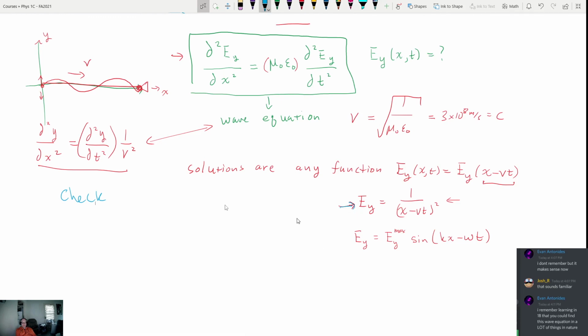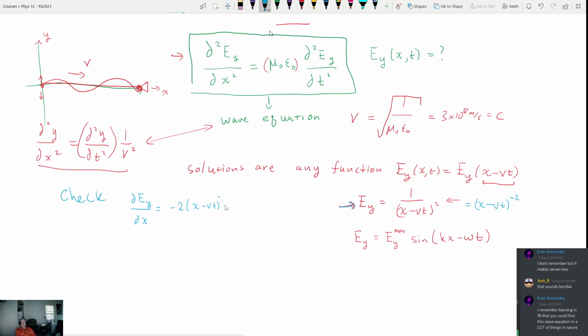So what is del Ey del x going to be? Well, our equation, let's write it in a simpler way, is basically (x minus vt) to the negative 2 power, right? So let's use that. Then del Ey del x will be negative 2 times (x minus vt) to the, you subtract 1 from the power, right?